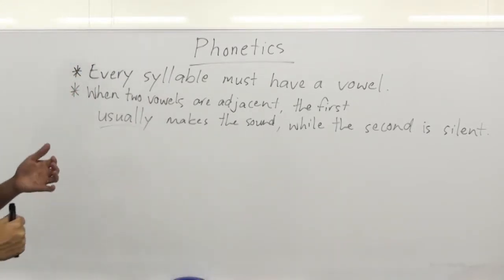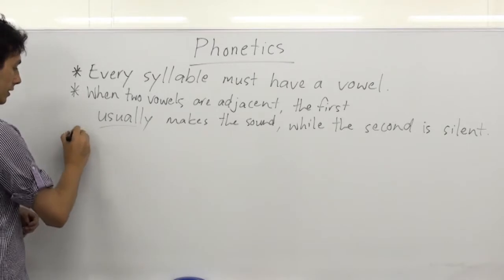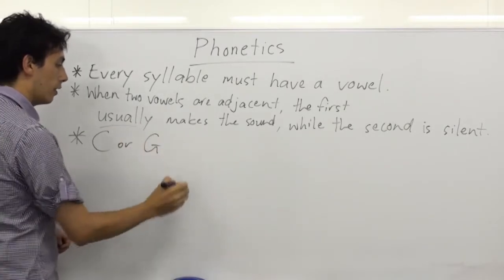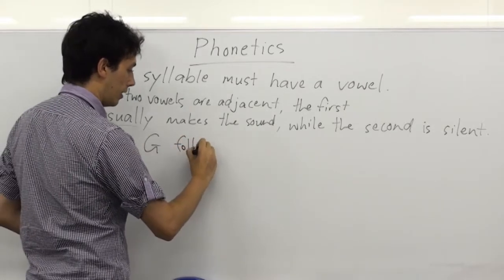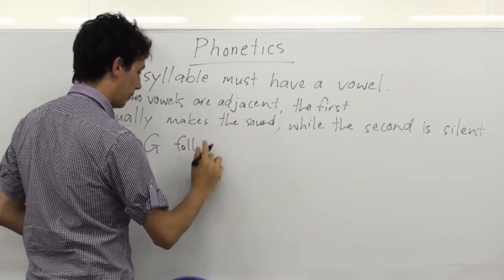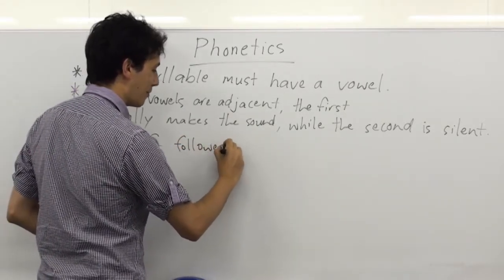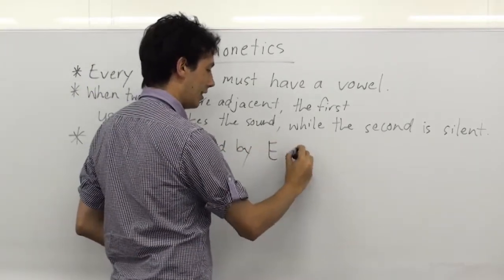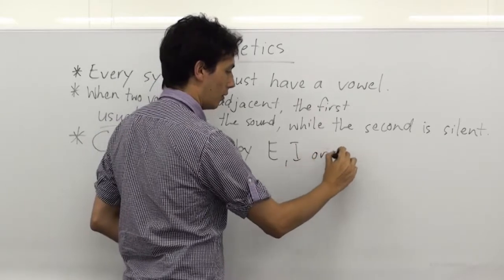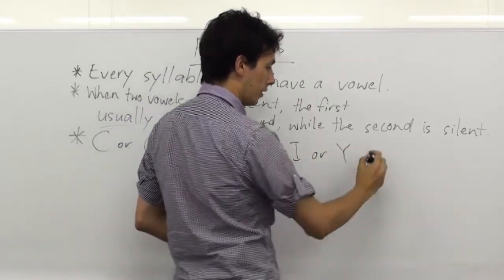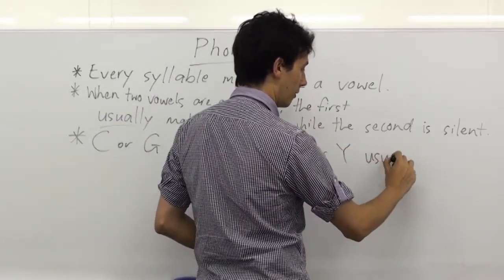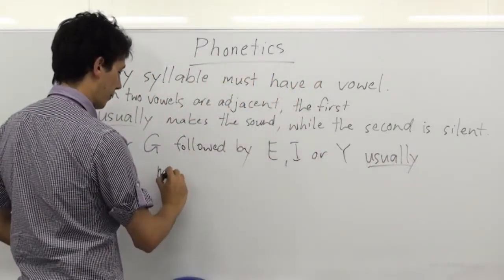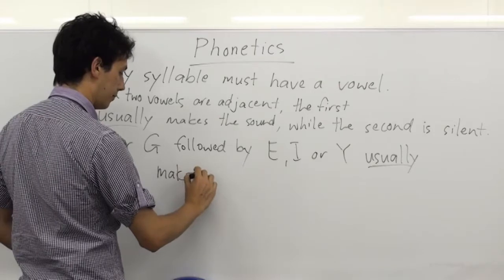Next rule is that C or G followed by E, I, or Y. Usually, there's that word again, usually, makes it a soft sound.